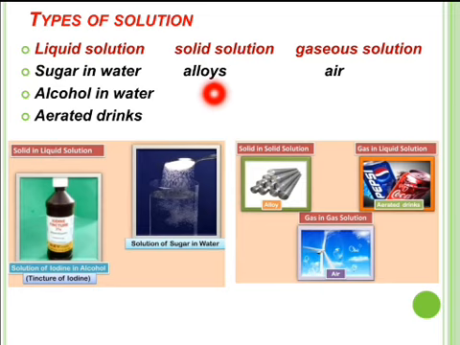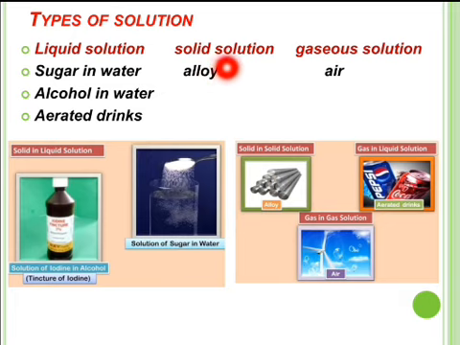One example is alloys. You know the alloys: brass, bronze, stainless steel, duralumin, etc. are the examples of alloys. And you know alloys are the homogeneous mixture of two or more metals or one metal and non-metal. All these are in solid state.